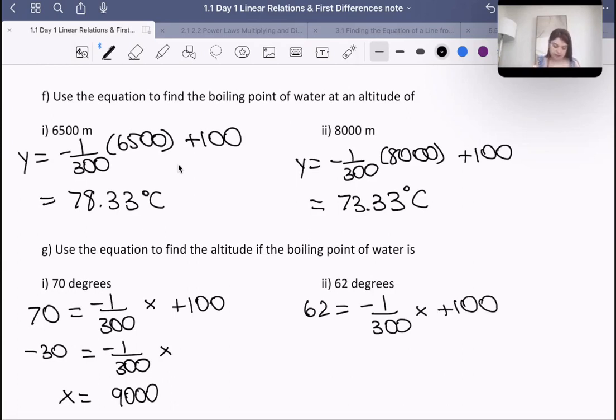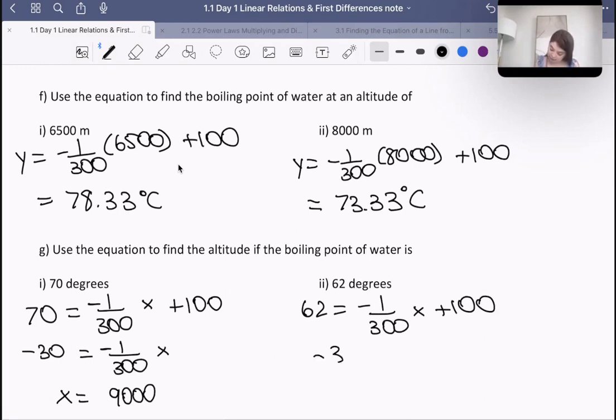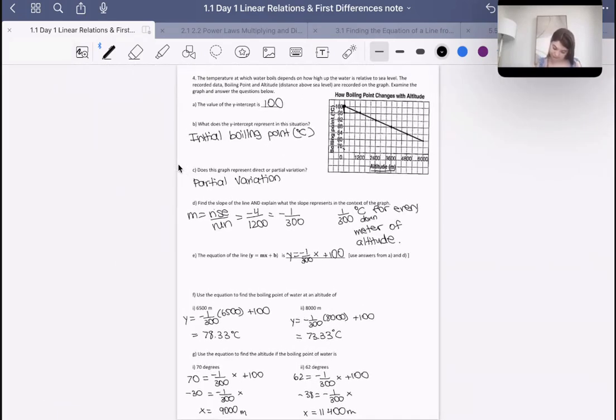And then let's do 62 minus 100, and then 100 minus 100 to get -38 equals -1/300x. And then we have that x equals 11,400. And there's our answers. And we could put meters there as well. Awesome.